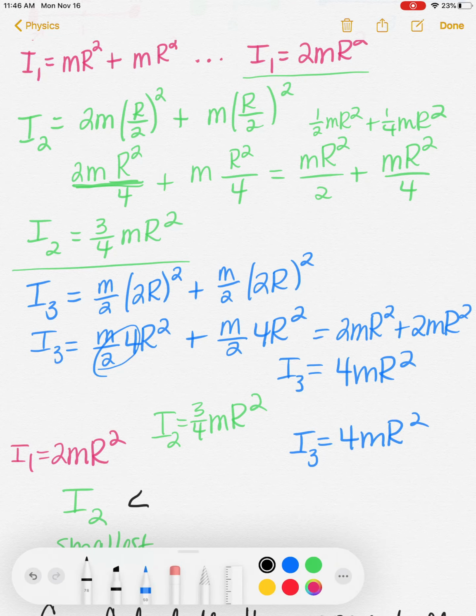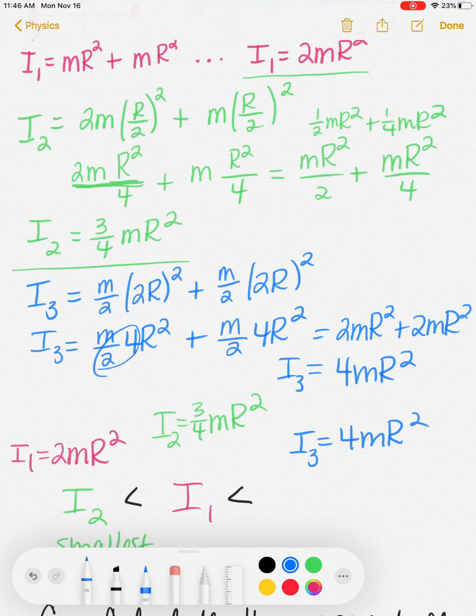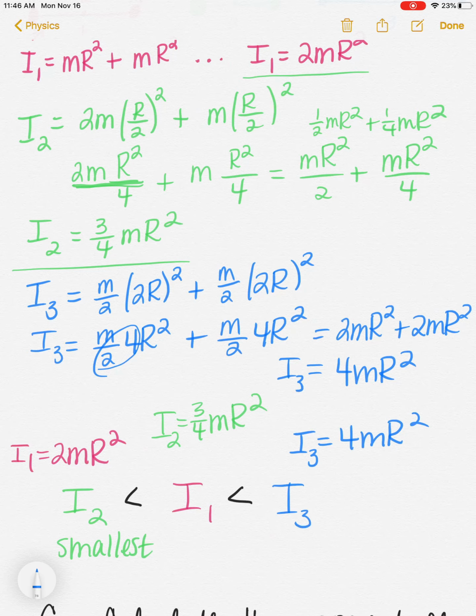The next largest is going to be I1 because it's 2mr squared. And then the largest overall will be I3, which is 4mr squared.